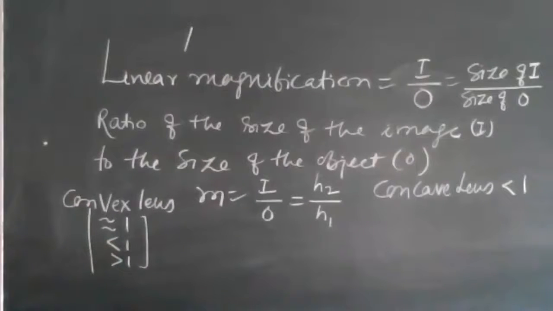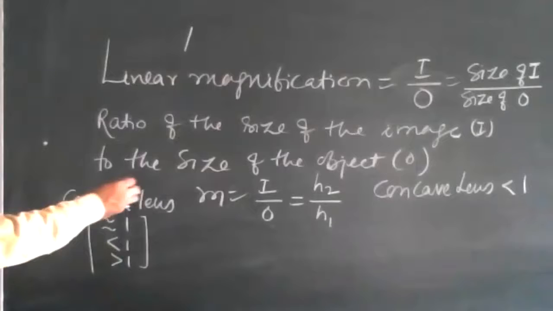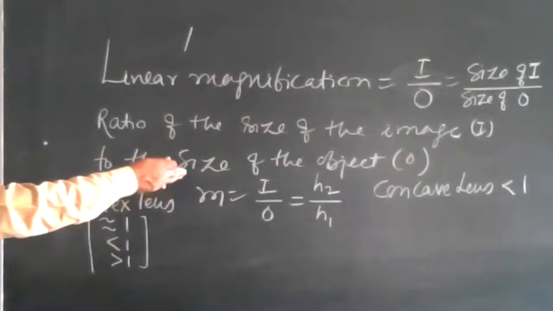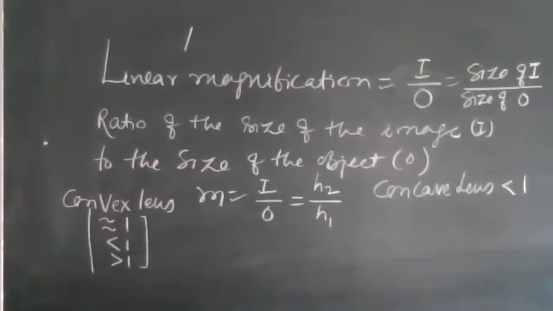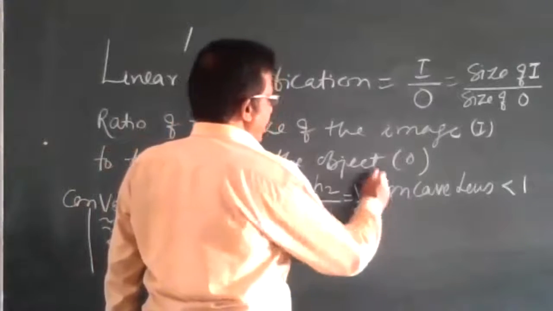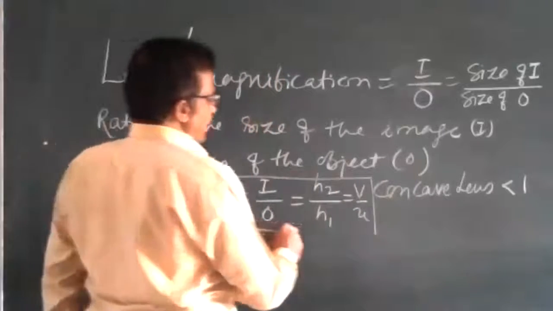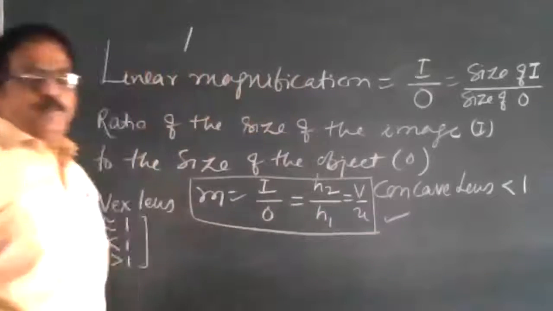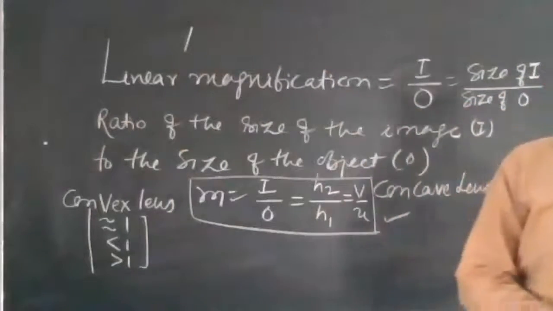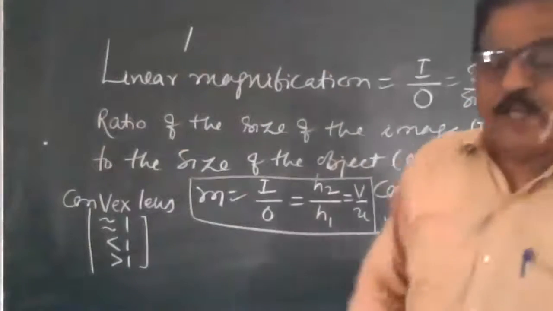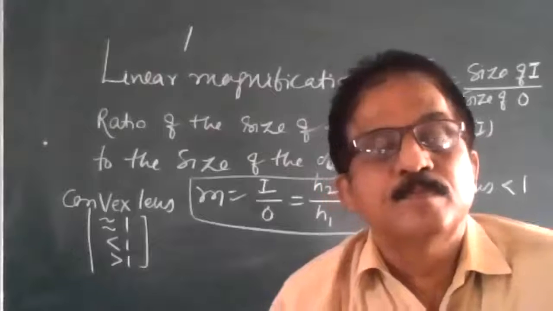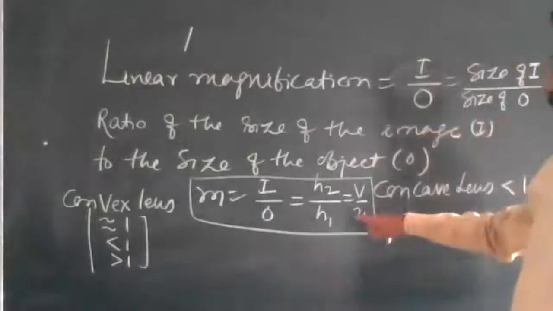So I can say the linear magnification produced by the convex lens or concave lens is also the ratio of the image distance to that of object distance. Write one more formula, V by U. So this is the formula here.